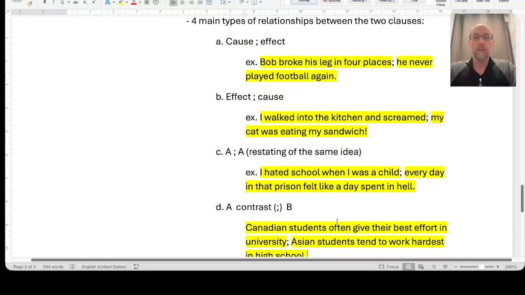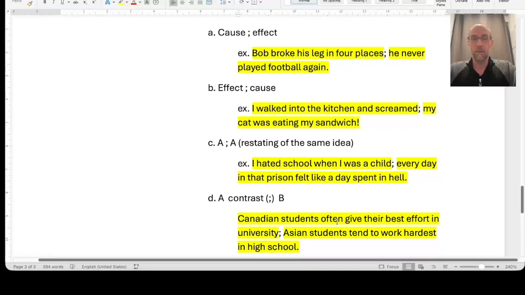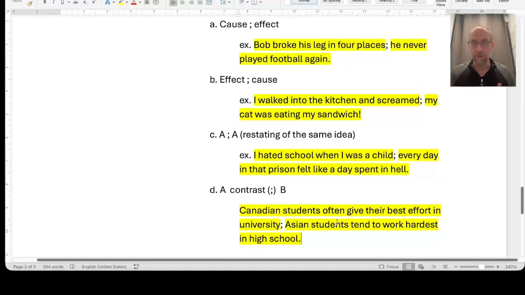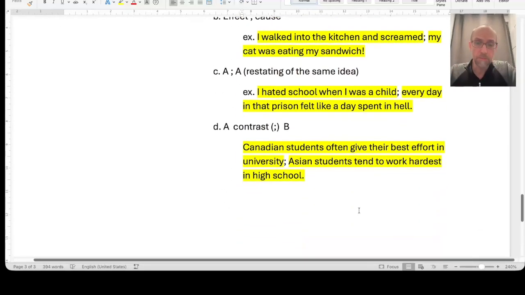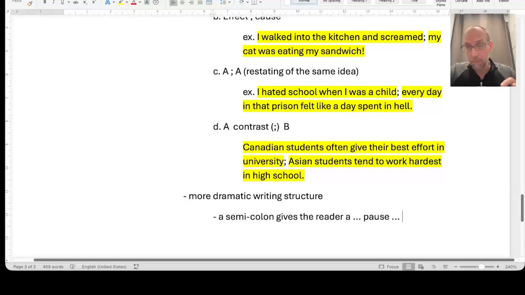All right, so those are the 4 main relationships that we can demonstrate using just a semicolon. One thing that's interesting about just using a semicolon is I think it's a more dramatic writing structure than comma fanboys for 2 reasons. One of them is that a semicolon gives the reader a pause.